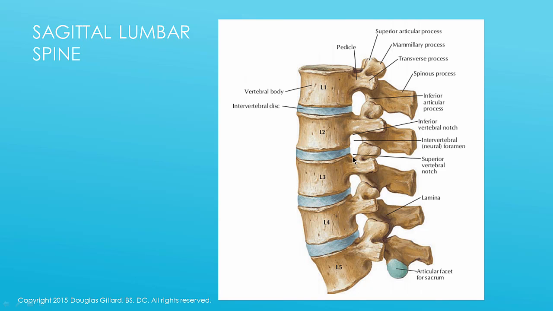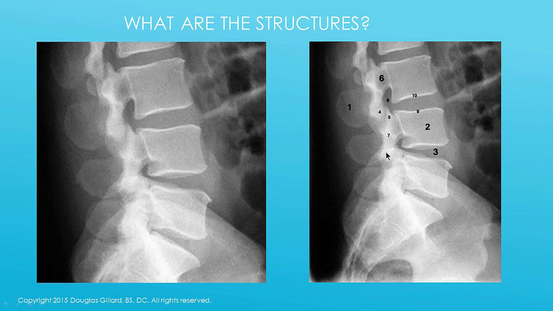That's because it's coming off the superior part of the pedicle. This comes off the inferior part of the pedicle. Remember, the pedicle is this region right here. The pedicles make the roof and floor of the neuroforamina, or the IVFs. So, inferior vertebral notch, superior vertebral notch. That's a new one for you. There's the pedicle again. We went through all that stuff. Great. So let's check these out.